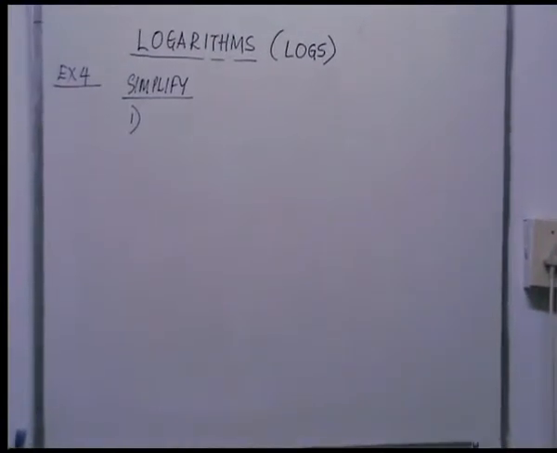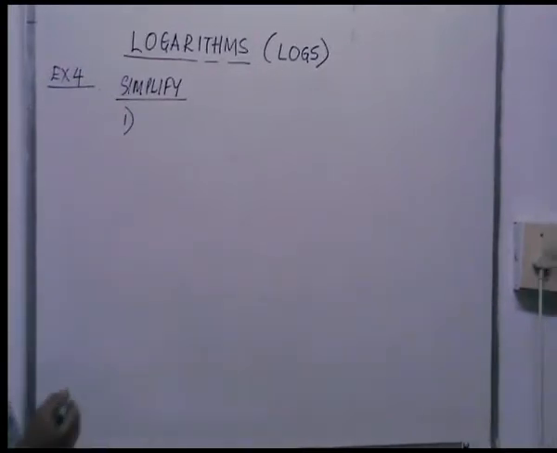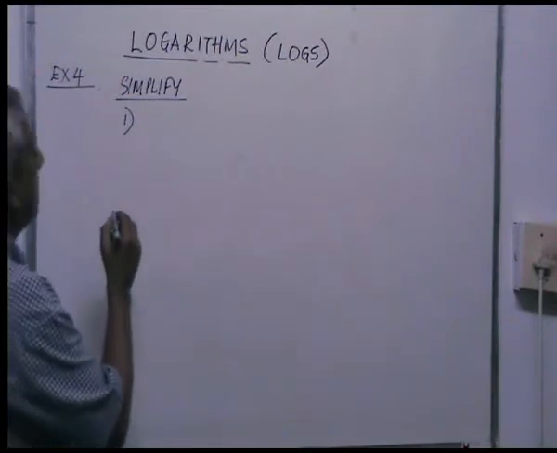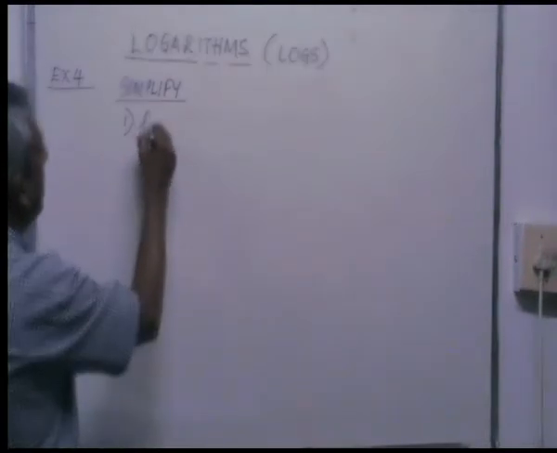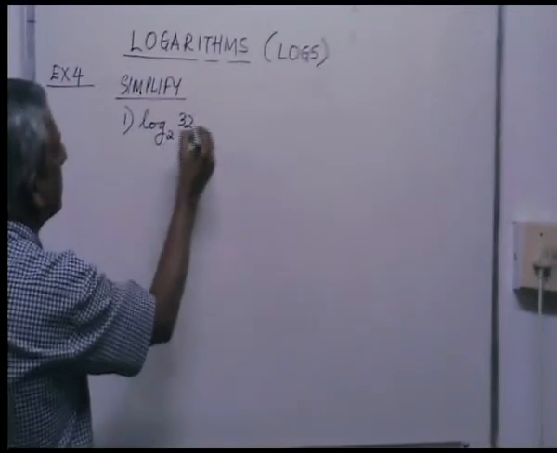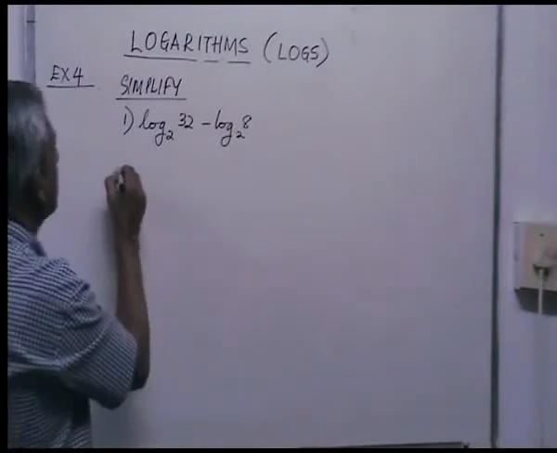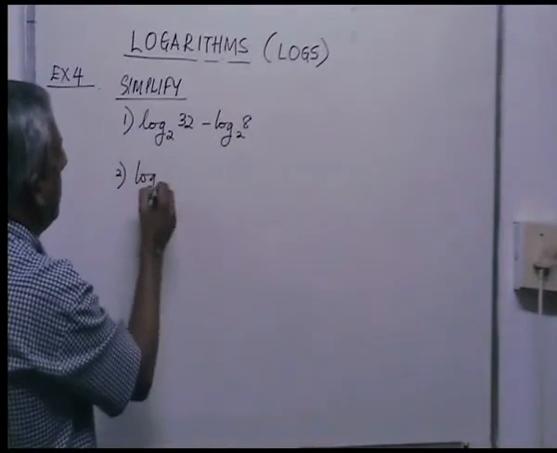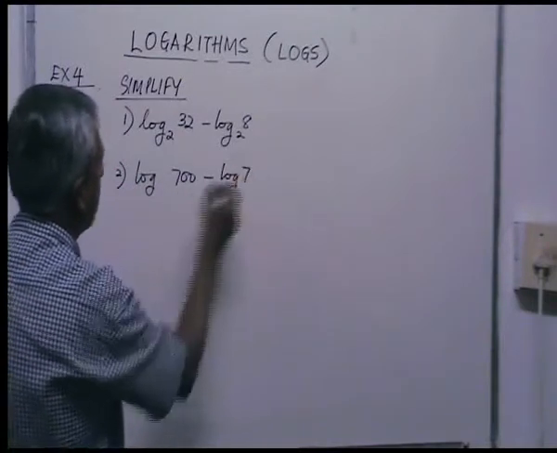Here we have exercise 4, simplify. Alright, once again, exercise 4, simplify these examples as far as possible. Okay, so let's say we give you log of 32 to the base 2 minus log of 8 to the base 2. Number 2, log of 700 minus log of 7.